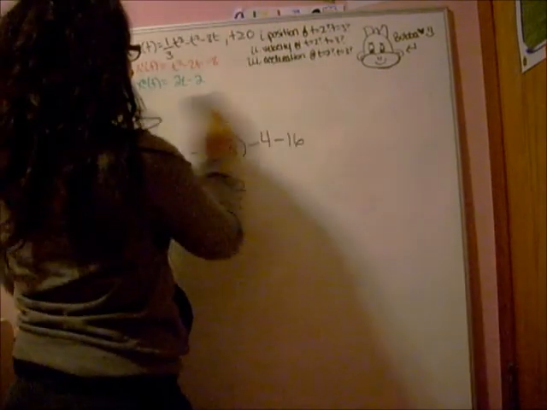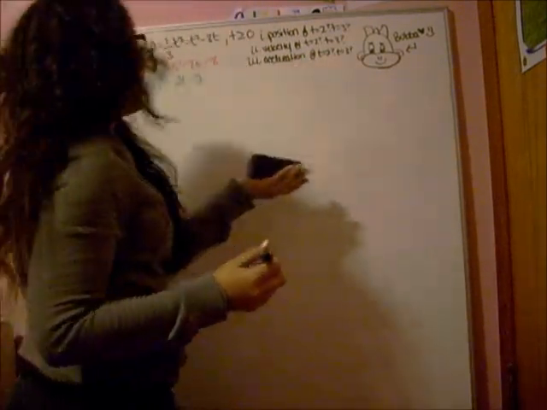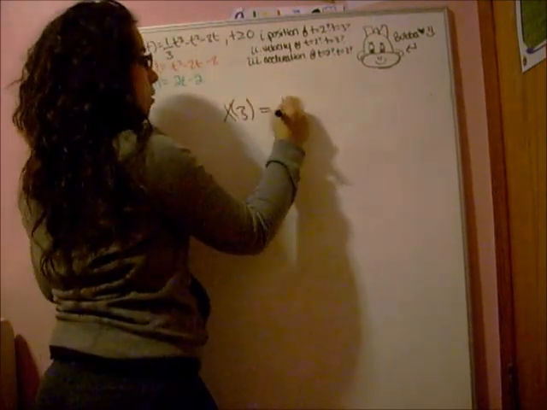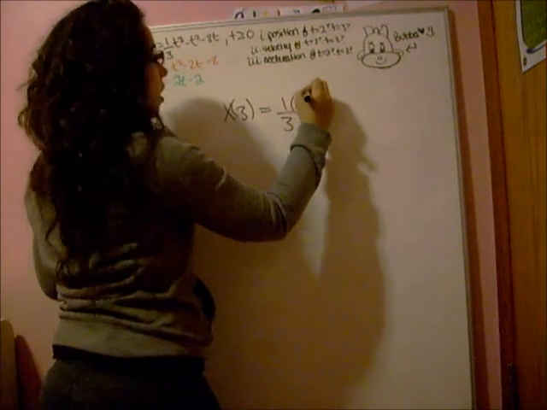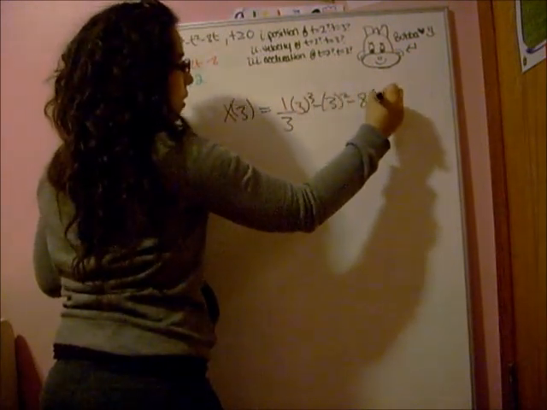So now we're going to do the same thing, but we're going to plug in t equals 3. So x of 3 equals, and we replace the t's with the 3. So now it's 1/3 times 3 cubed, minus 3 squared, minus 8 times 3.